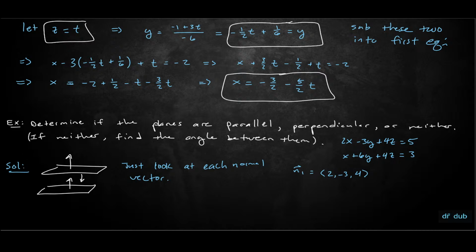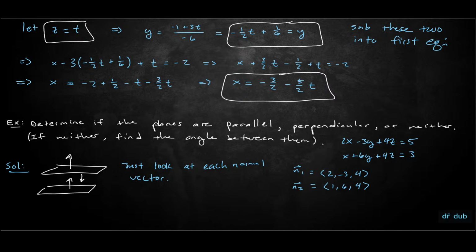It's just the coefficients of x, y, and z. n2 is 1, 6, 4. So there are our two normal vectors. And all we have to do is compare the two normal vectors. Are the two normal vectors parallel, perpendicular, or neither? So all I have to do is find the angle between them.